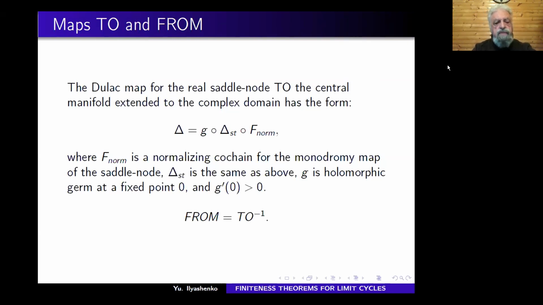So exponentials in delta standard give rise to exponentially decreasing discrepancies of the monodromy map of polycycles, and this is the source of most difficulties in the study of the problem.